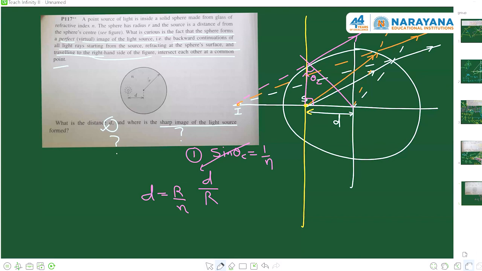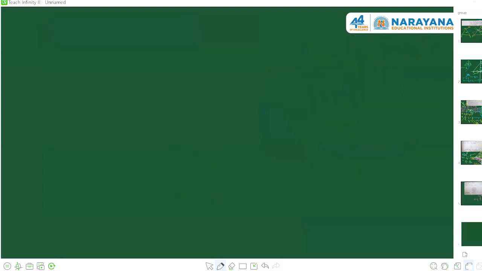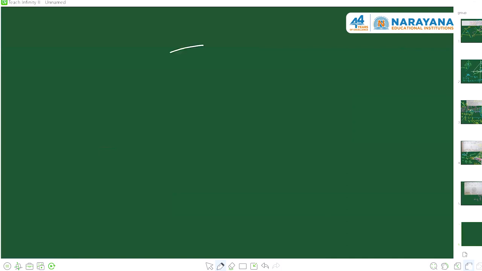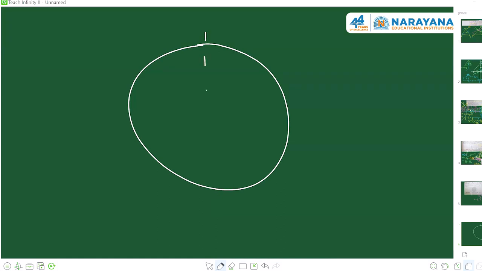There are two ways to look into the problem. We can approach this problem by Snell's law, and obviously we can write the same through Fermat's principle also. So I'll first use Fermat's principle. Jay has asked a problem on the same this year also.